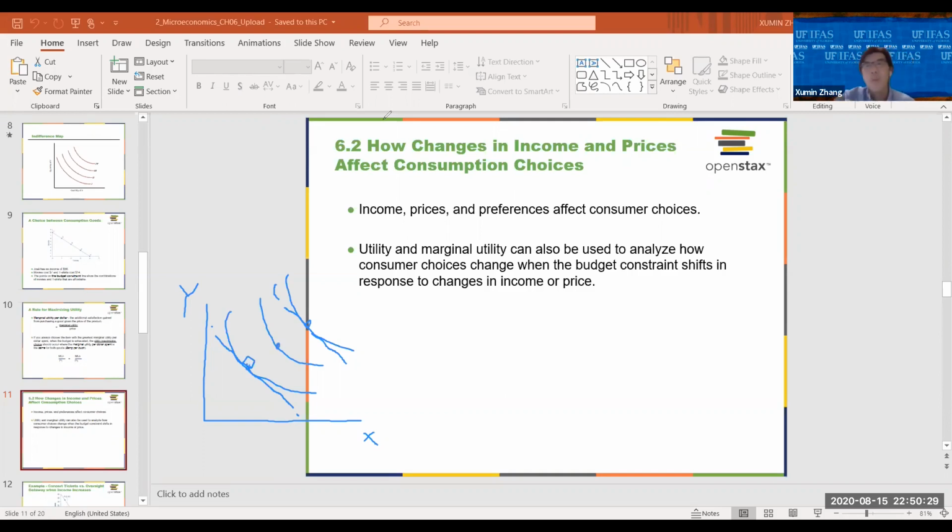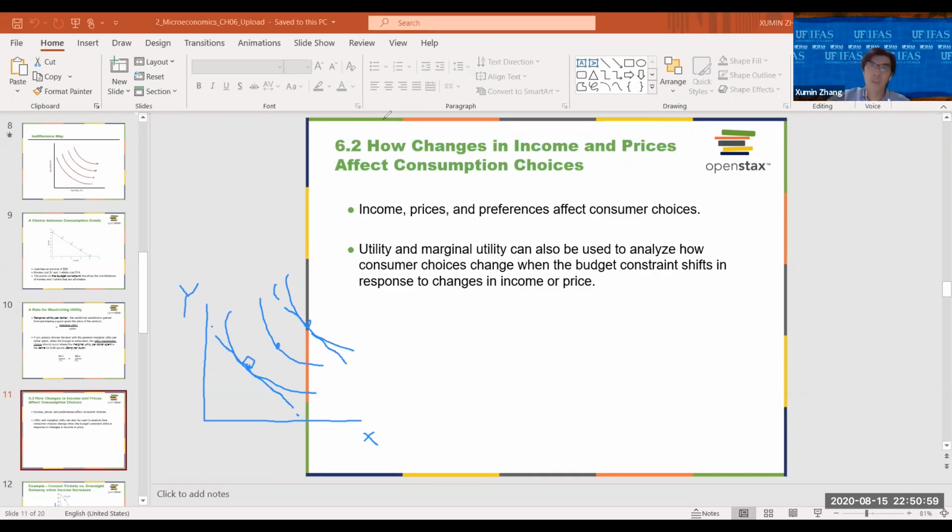Finding these points based upon the different budget constraints, then we start our discussion regarding income, price, or preference change. Okay, so we know that the utility function is more like a given function. All right, so it's a mountain shape, but we don't care about that. The first thing is how the budget constraint changes. The budget constraint change or income change is more like a shifting outward, right?